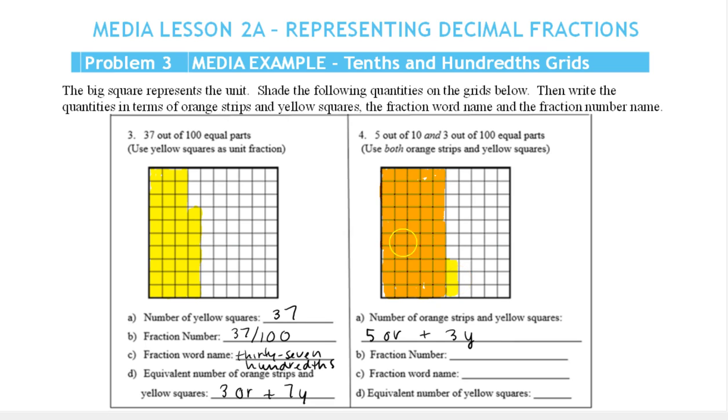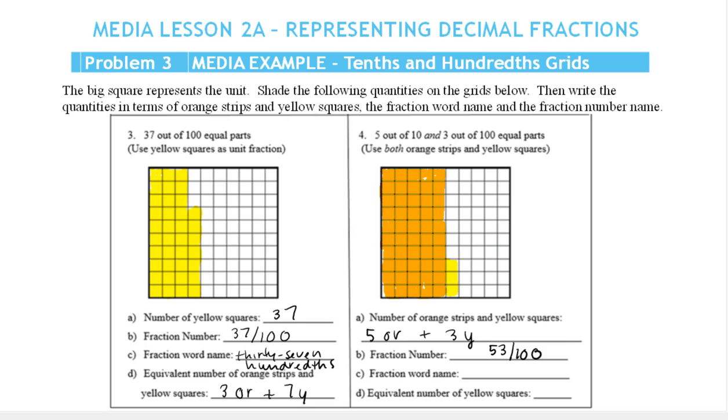So now we're going to extend this idea, just like this was 37 out of 100 equal parts. Even though these are orange, now we're going to look at the individual squares. And remember, this is 50 individual squares if we made it in yellow, and then we have 3 more. So as a fraction number, we're going to write this as 53 over 100.